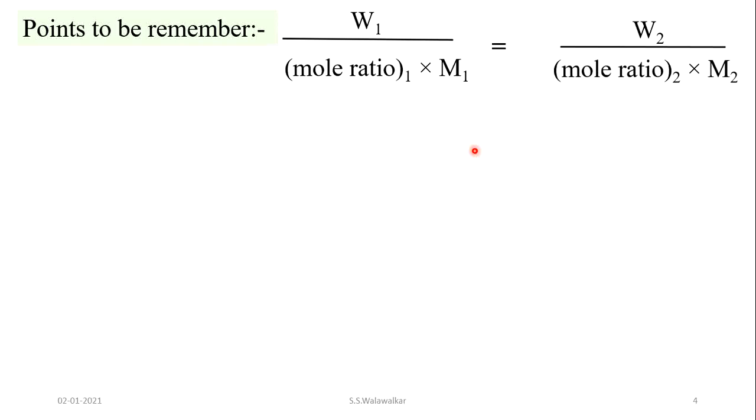Therefore you can calculate the mass of the other substance deposited in another electrolytic cell using this formula: W1 divided by mole ratio of the first substance into the molar mass of the first substance is equal to W2 divided by mole ratio of the second substance into the molar mass of the second substance.